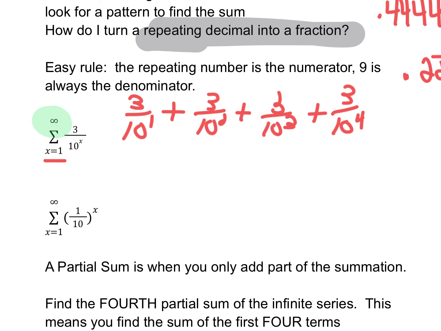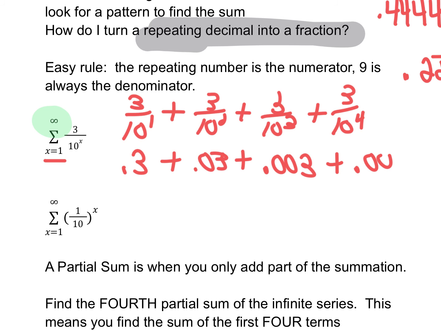And 3 over 10 to the first is 3/10. 3 over 10 squared is 3 over 100, which would be 0.03. 3 over 10 to the third would be 3 over 1,000, which would be tenths, hundredths, thousandths. And then 3 over 10 to the fourth would be 0.0003, because that would be 10 thousandths.